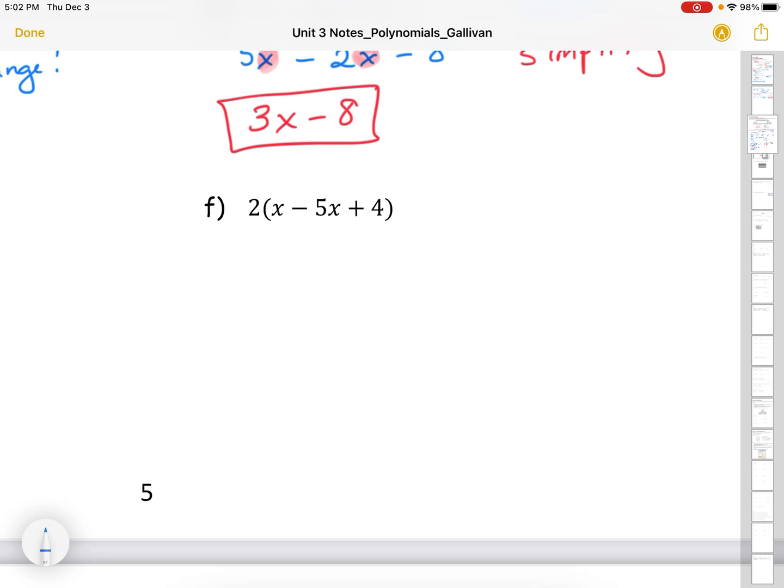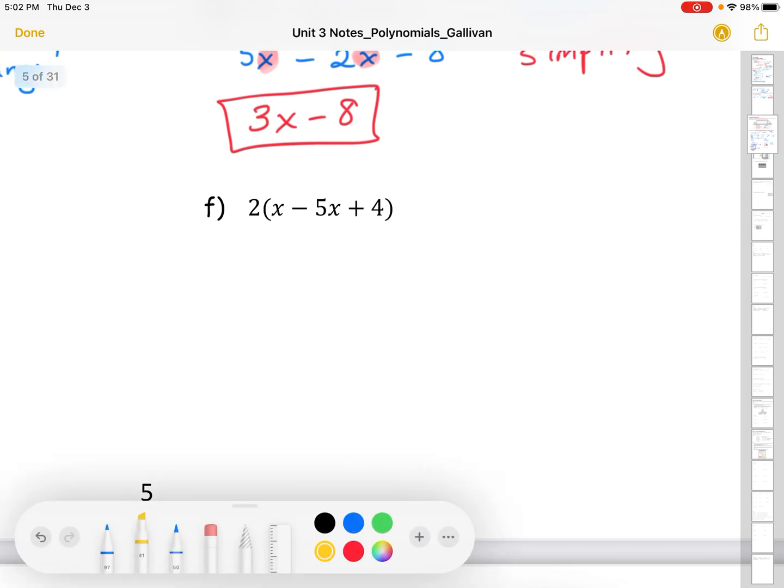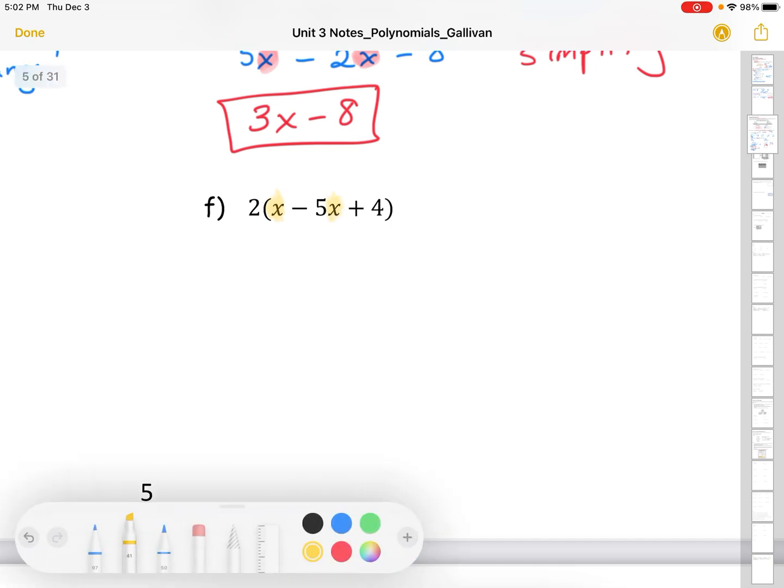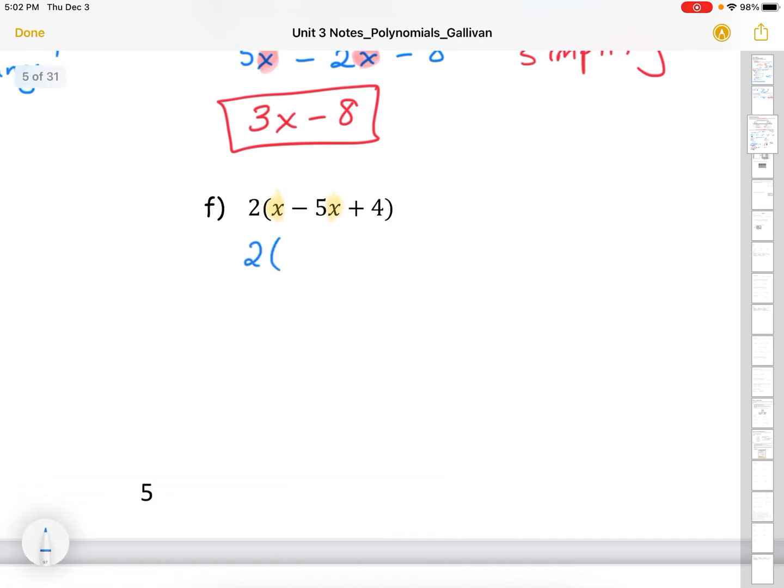Here, I would actually simplify first, because look in the brackets. I have an x and an x. So before I multiply, I'm going to simplify those first, right? And then I'll distribute. So x minus 5x is minus 4x plus 4.